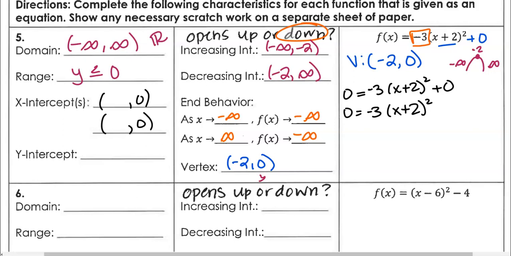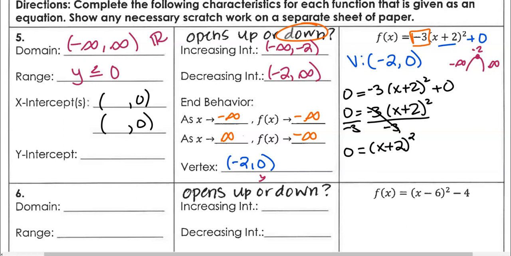All right. What is in front of my parentheses? That -3, it's being multiplied, right? So we're going to divide by -3. Well, what's 0 divided by -3? Just 0. Okay. Now I have my parentheses being squared.